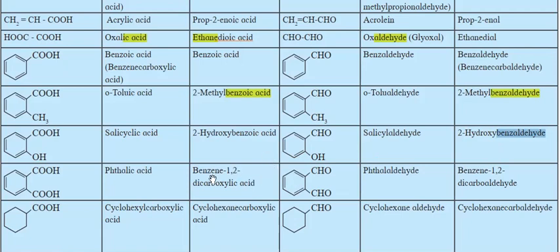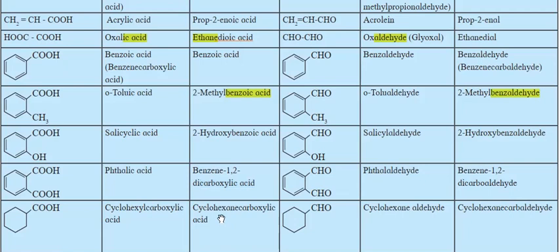Benzene 1,2-dicarboxylic acid, phthalic acid. This is the benzene, and the first and second carbon atoms contain 2 COOH, therefore 1,2-dicarboxylic acid. Similarly here also, phthalaldehyde: benzene 1,2-dicarbaldehyde.